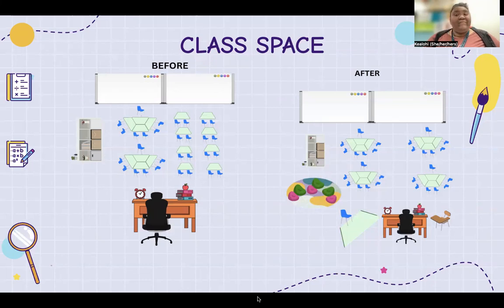What I'm hoping, even though I know I'm in a portable, is that if my portable was a little bit bigger, I would add this little corner for the students to have that time to de-stress, have that time to be away from work, like have that little break time. I'll call it the little breakaway corner, pretty much.